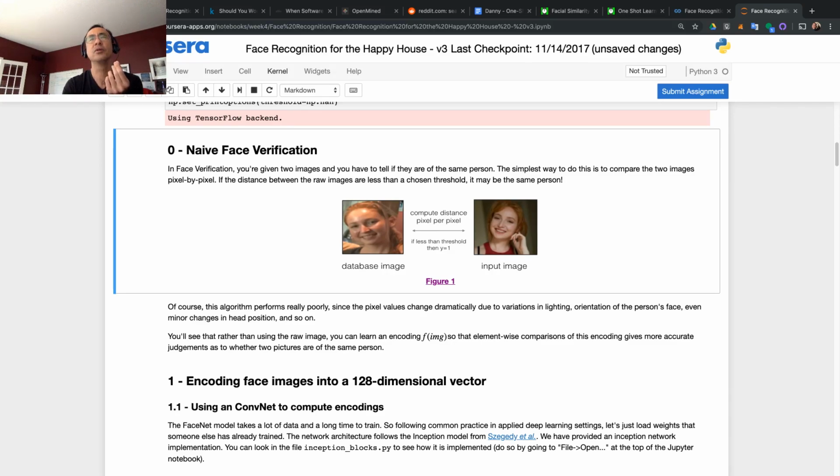You don't have to know the person's name or who she or he is. I think one indicator is that you can show your ID for face verification, but for face recognition, you have to show your face.